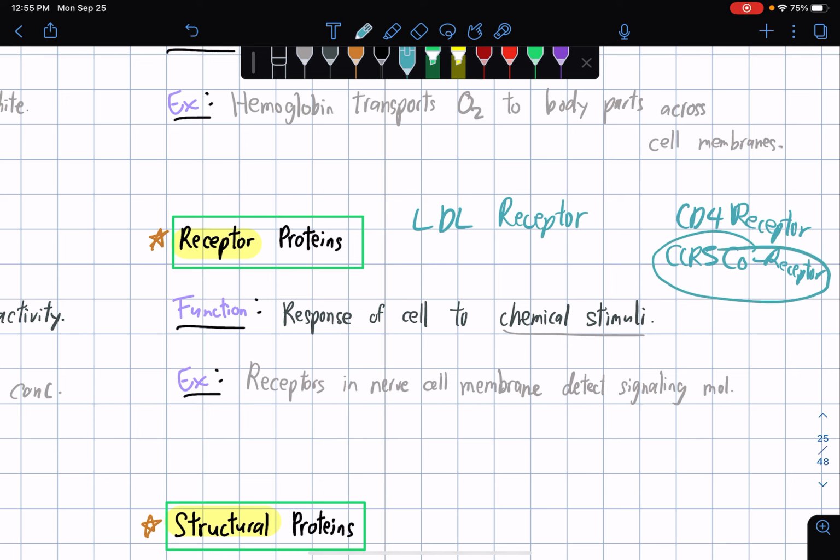The CCR5 co-receptor is responsible for allowing HIV viruses to enter the cell. That's why recently, I'm not sure if it's recently or, yeah, scientists have been trying to discover how to remove the CCR5 receptor in our cells. But yeah, I think it's a matter of genetic engineering.